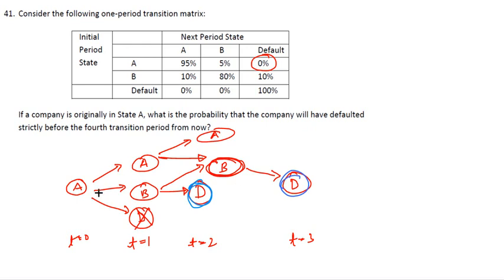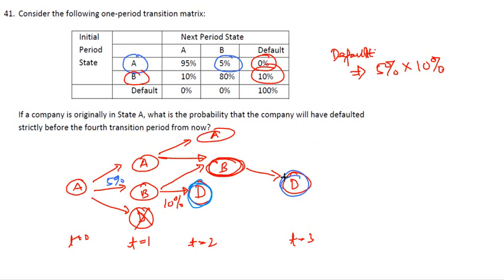If you see, from A to B the company is going with 5%. So this is your 5%. Then from B to D, the company is going 10%. So for the first default that you have, the probability is 5% into 10%.